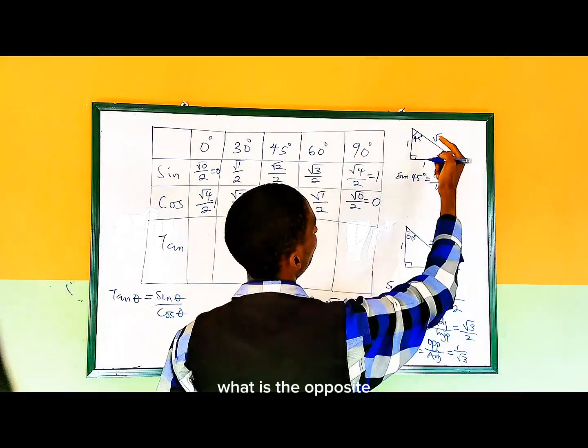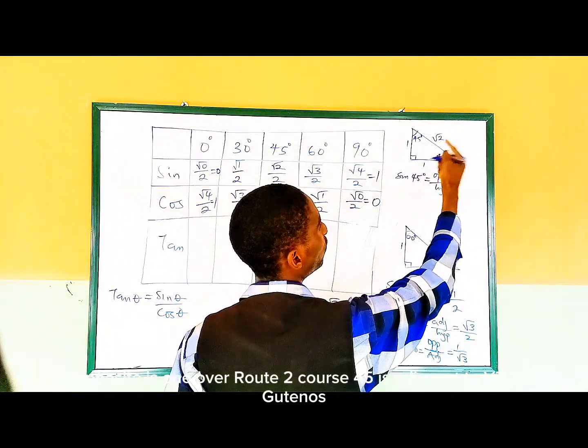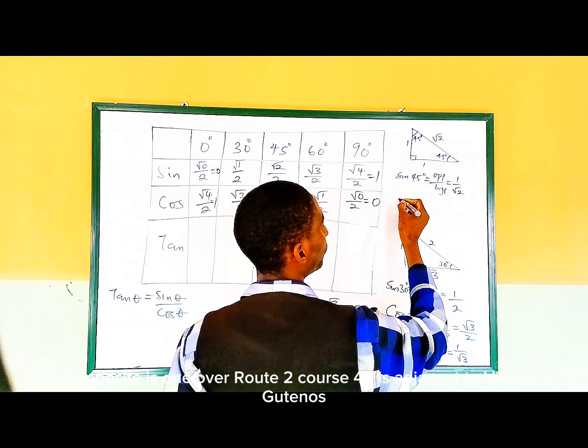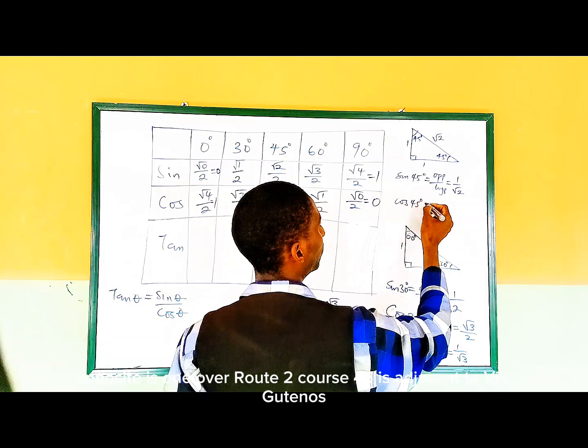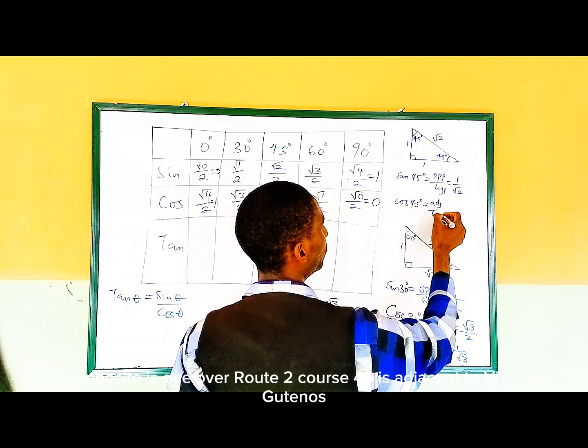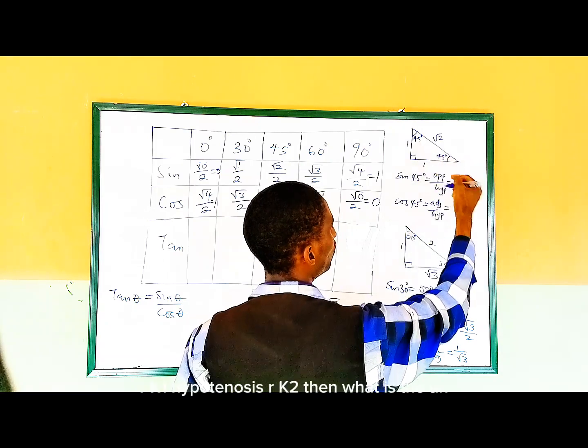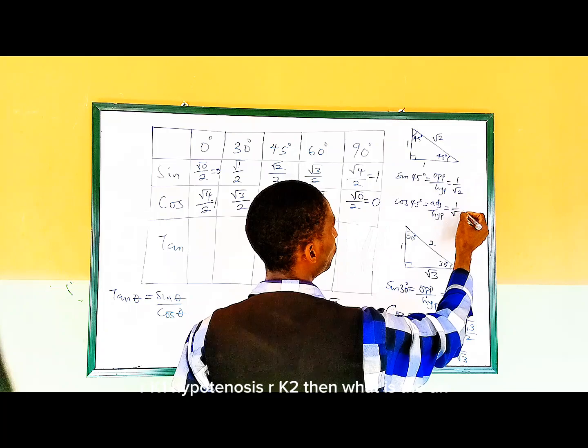What is the opposite? Opposite here is 1 over root 2. Cos 45 is adjacent over hypotenuse. What is the adjacent to this 45 degrees? 1, hypotenuse is root 2.